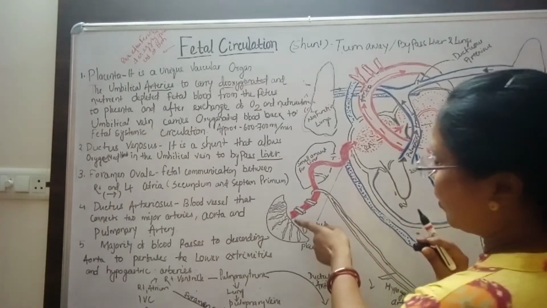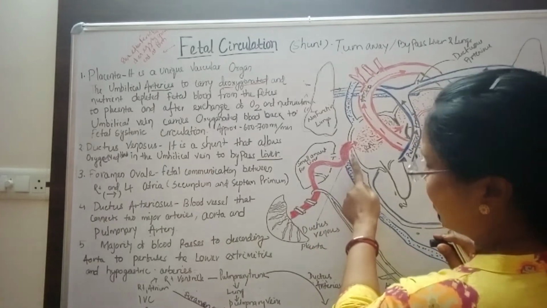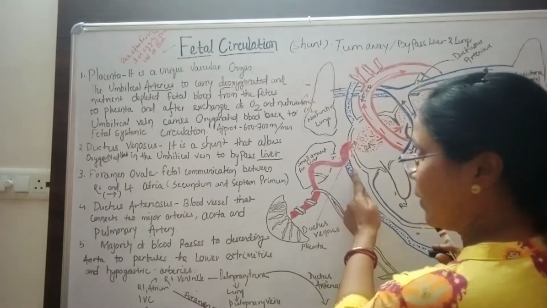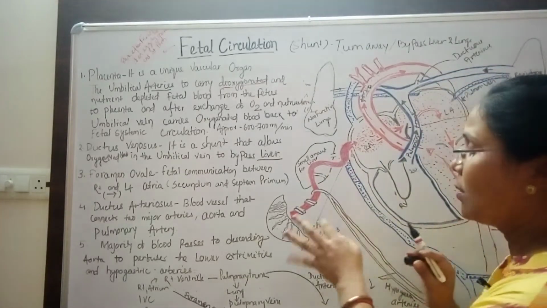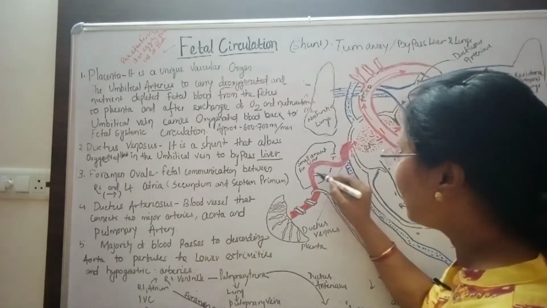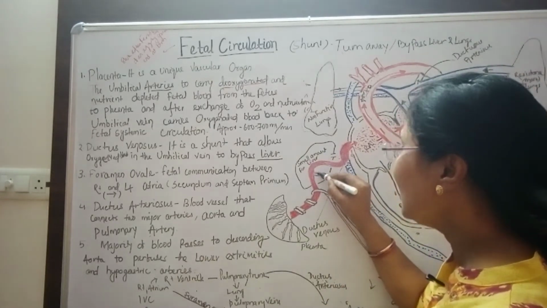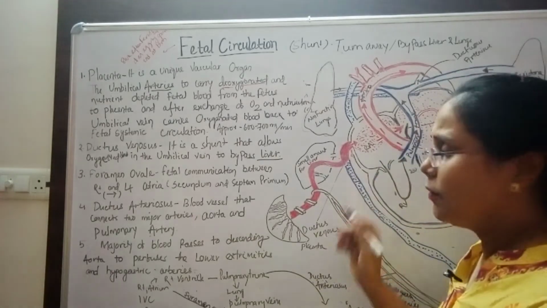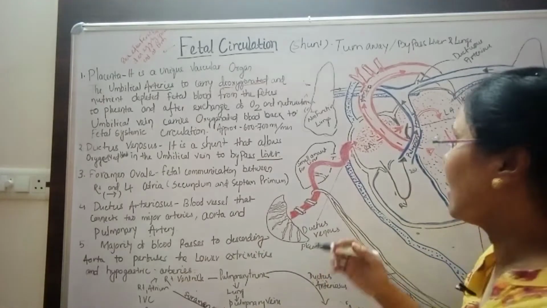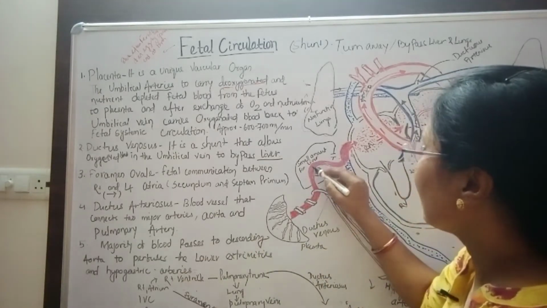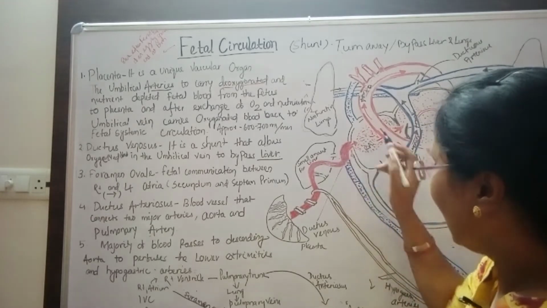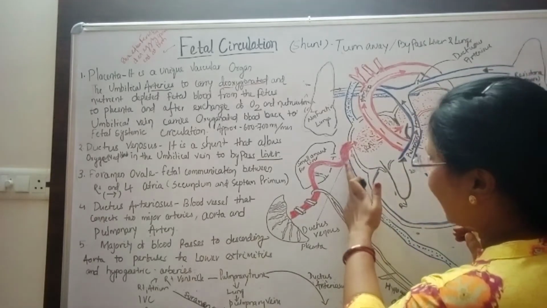On the way to the fetal heart, it goes along the margin of the liver, not inside the liver. At that place it gives one branch to the liver, to supply blood for the growth of the fetal liver. Then the rest of the blood goes towards the heart, where mixing also takes place.